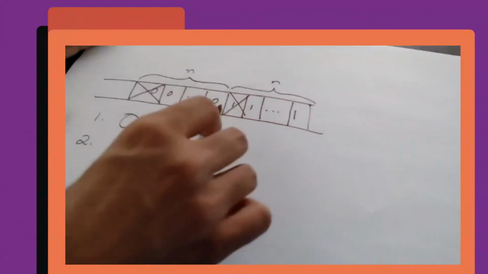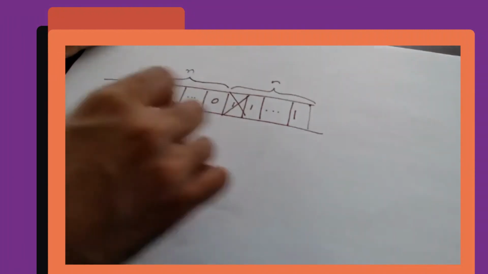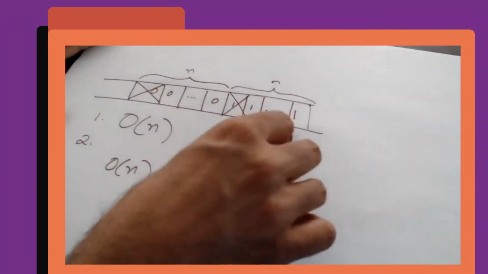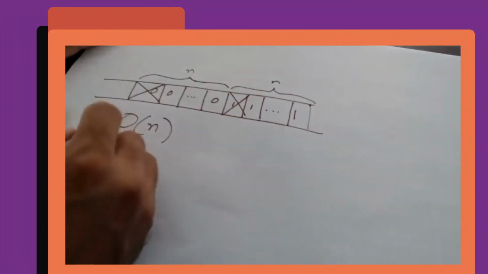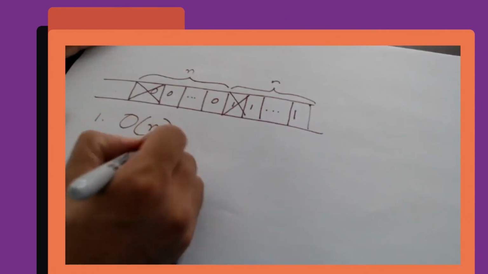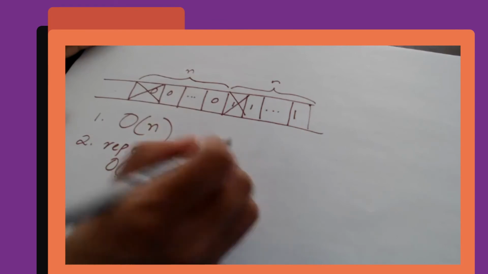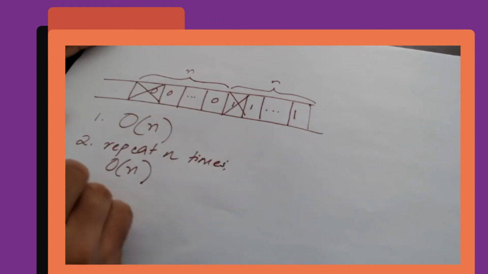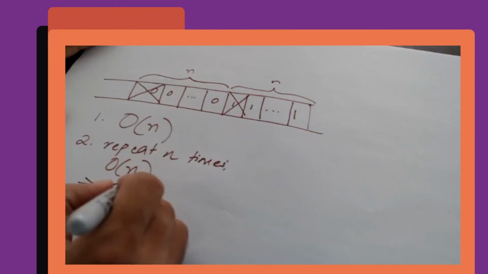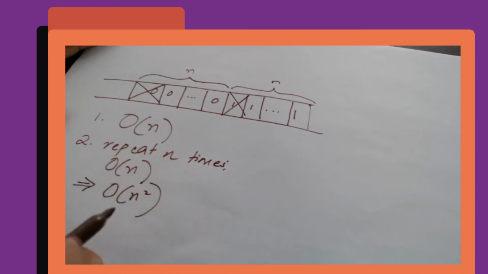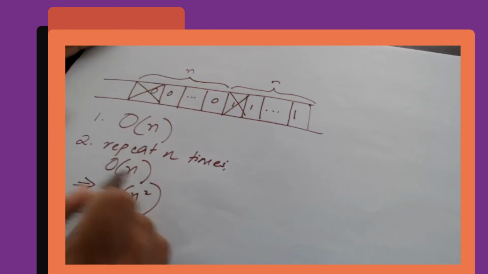Well, we have to repeat this process n times, once for every pair of 0, 1 on the input, and so we repeat n times. In total, step 2 is O(n^2), because we're running an O(n) operation n times.